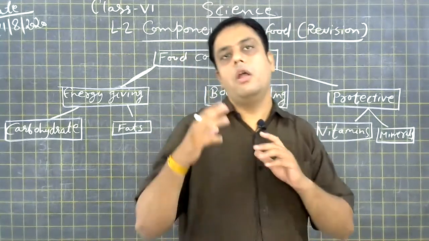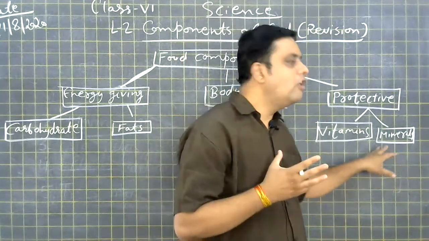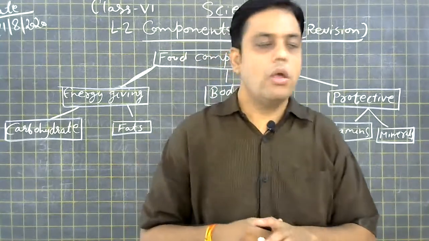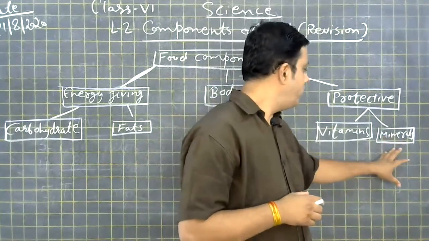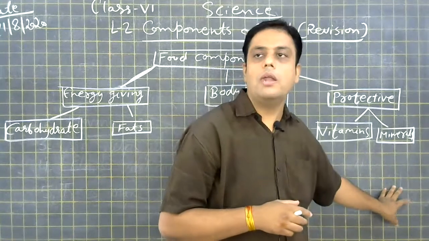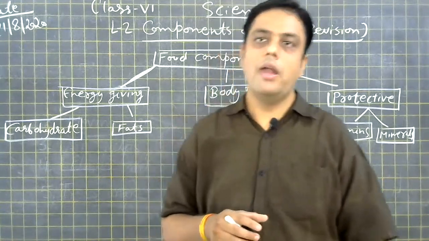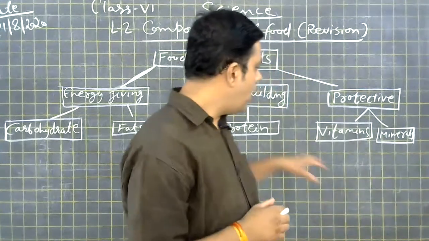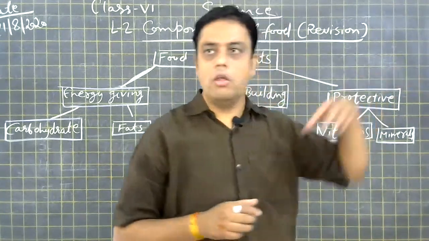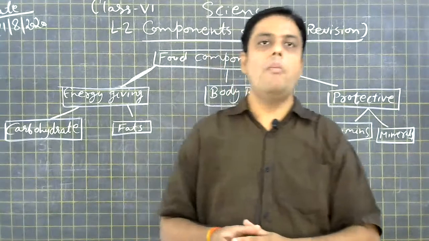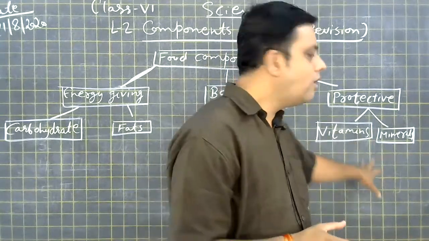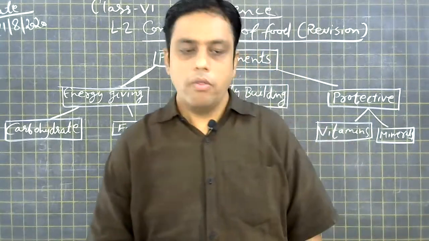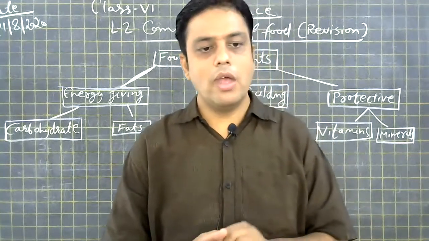We do not get any energy from these minerals, but they are necessary for us. There is no need for a high amount, but we need a low amount of all these minerals in our body.